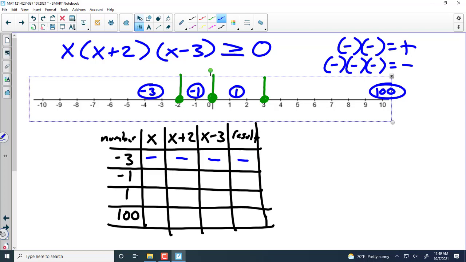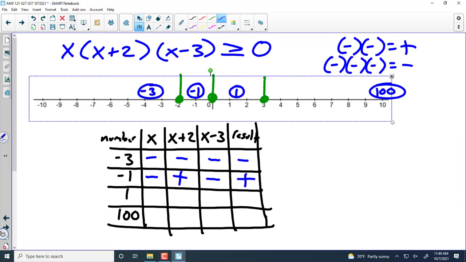You plug in the -1. -1 plus 2, positive. -1 minus 3, negative. A negative times a positive times one more negative, there's two negatives, so what's the result? Positive. Remember, even number of negatives, you'll end up with a positive. Odd number of negatives, you'll end up with a negative.